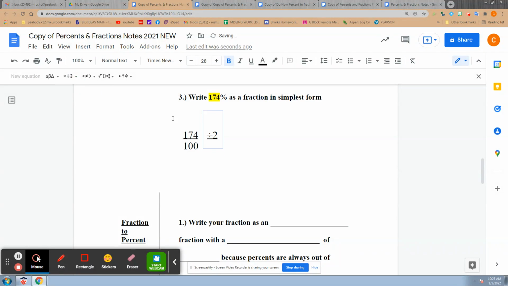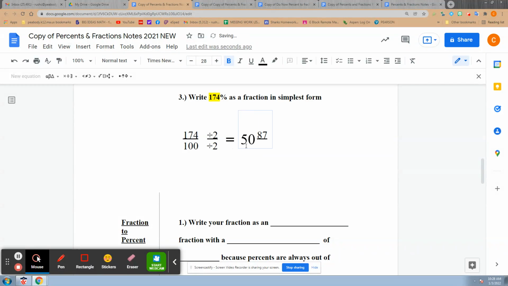So I'm going to divide by 2 on the top, and I'm going to divide by 2 on the bottom. So when you do that, you're going to get a new fraction of 87 over 50.